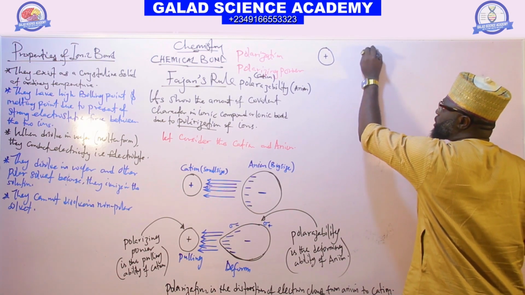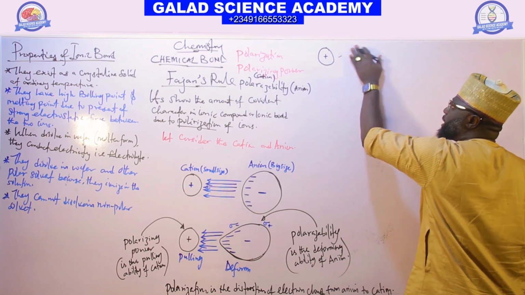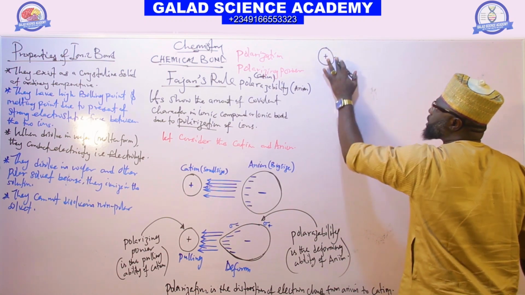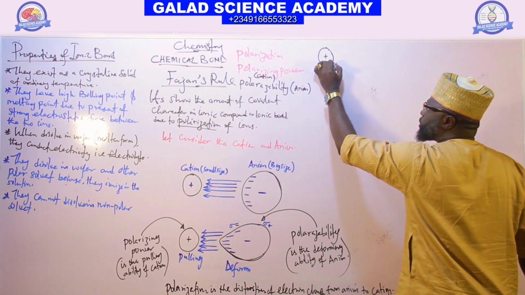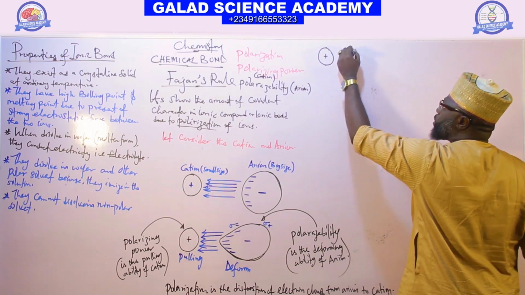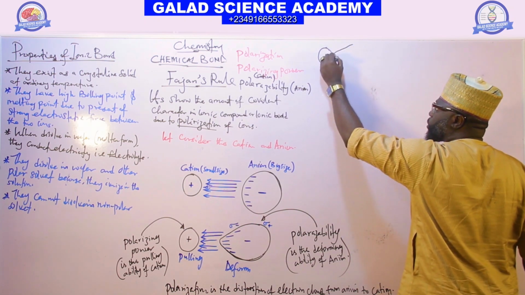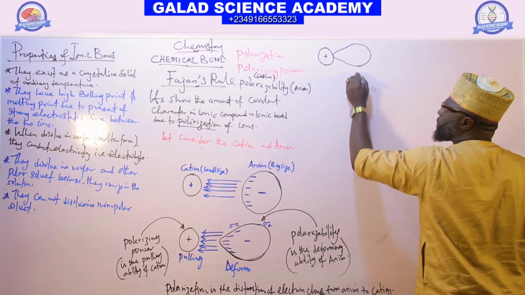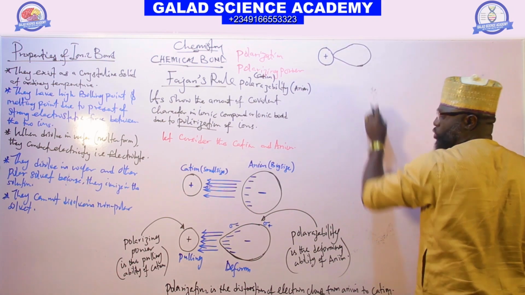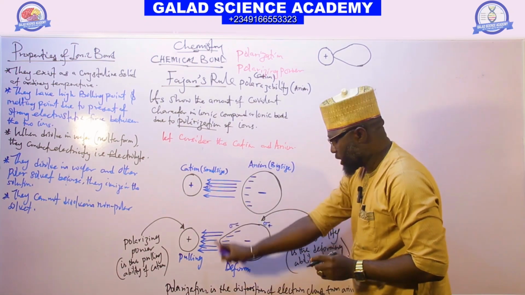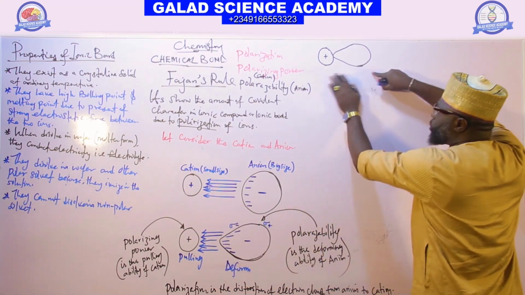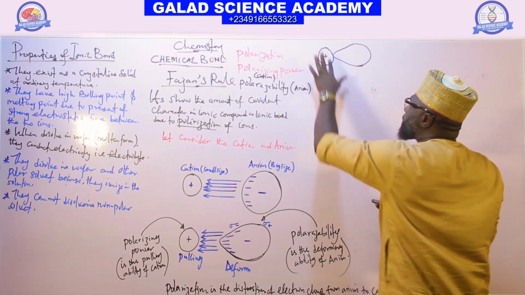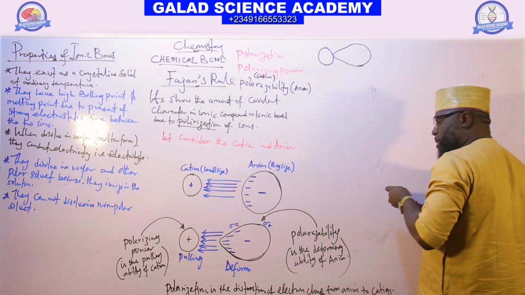And this one that is deformed will get into the cation in this form. It will later get from the second stage to the third stage.